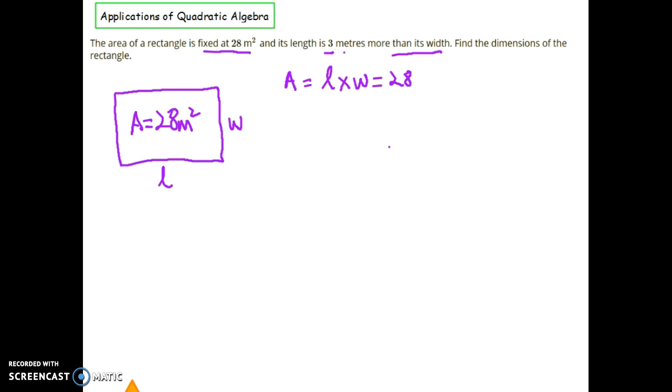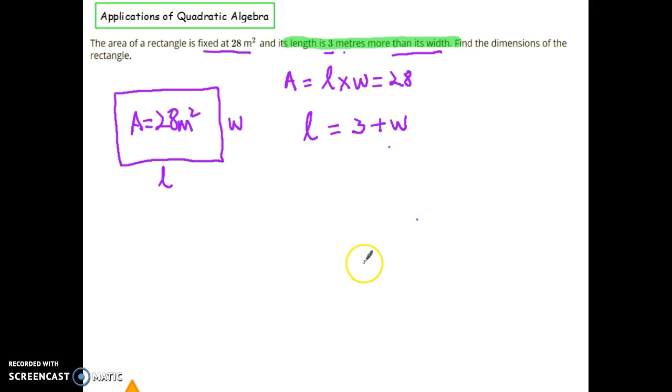Let's try to put this sentence here into an algebraic expression. Its length is 3 metres more than its width. So this length is 3 metres more than this width.